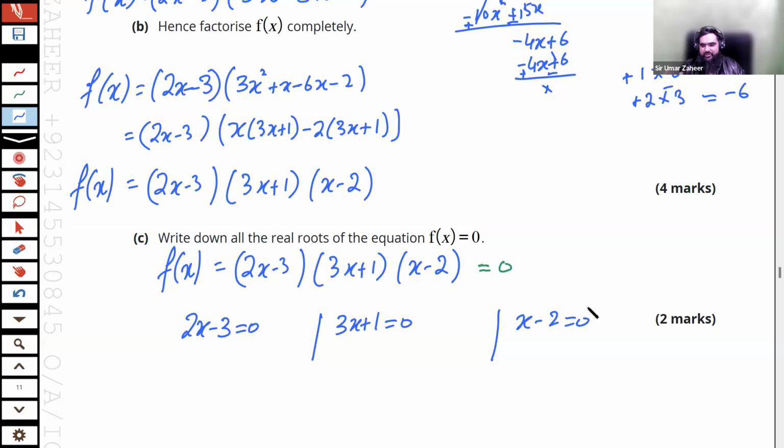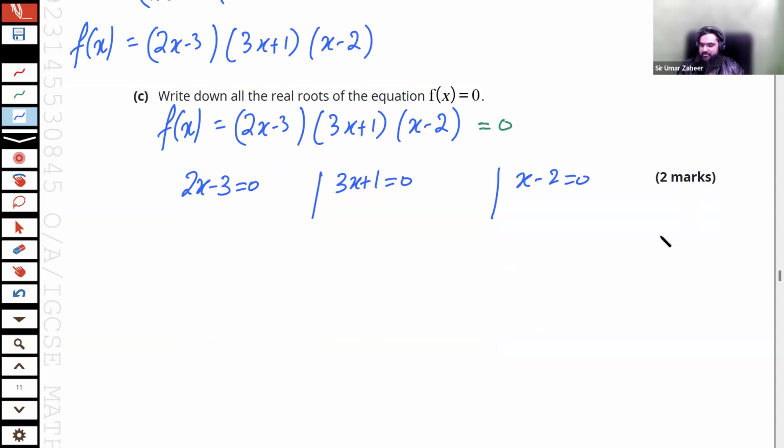Because in multiplication, you will never get the answer 0 otherwise. So we have to take all the possibilities from here.